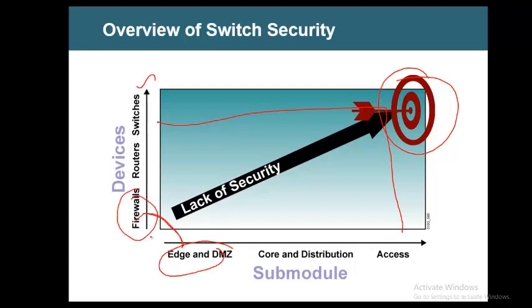Anyway, you're going to have a firewall on the edge. More attacks are happening from within the company. Someone is already inside your company who is connected to your access layer.